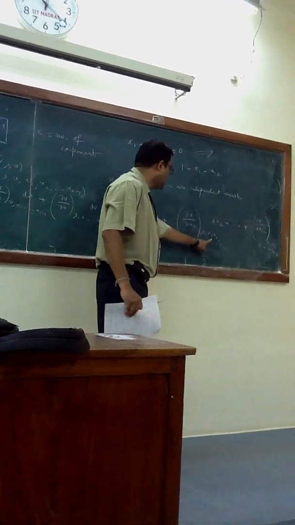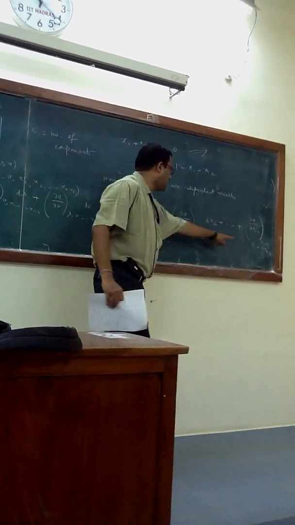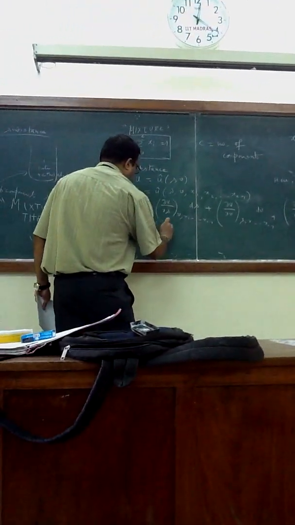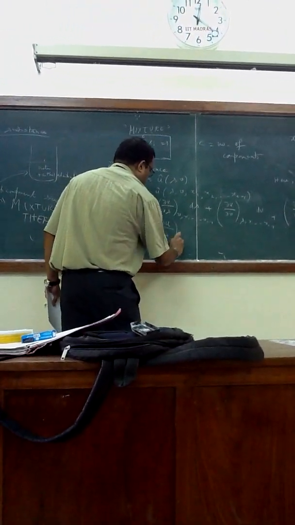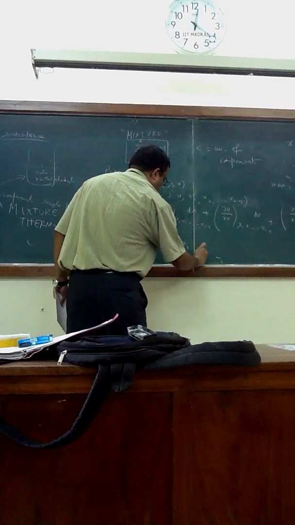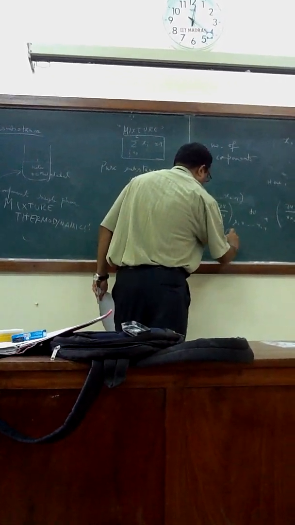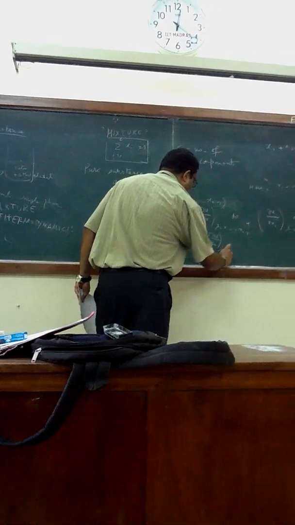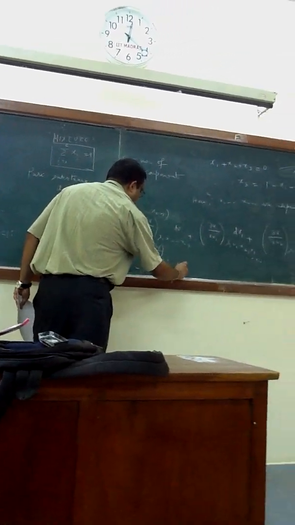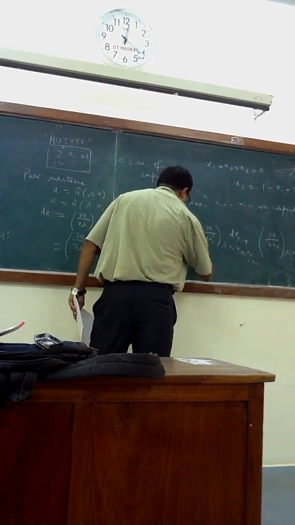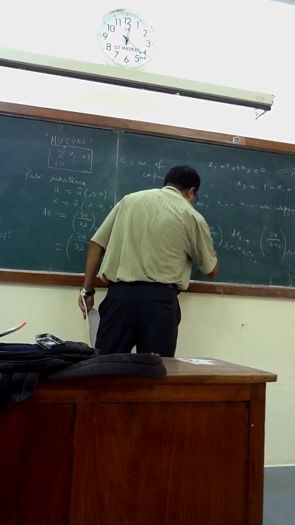Remember that you can write these things in a generalized way. Next step, ∂U by ∂S at V, x1 to xc minus 1 dS plus ∂U by ∂V at S, x1 to xc minus 1 dV plus the summation, c minus 1 terms will be there.